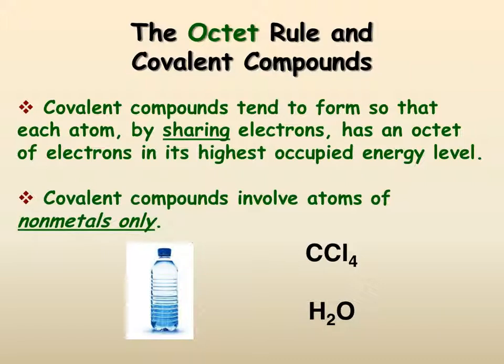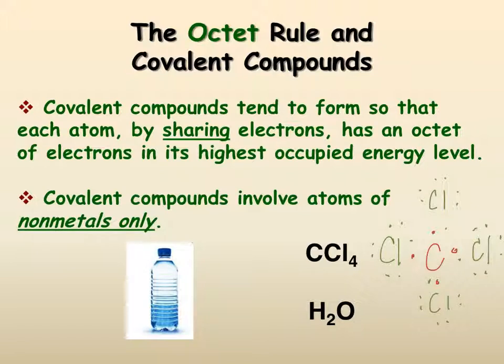Just to give you an example of what this is like, think about carbon. It has 4 valence electrons. How many valence electrons does chlorine have? Should be saying 7. If we draw all of these in with carbon and chlorine each sharing 1 electron with the other, you'll notice something.